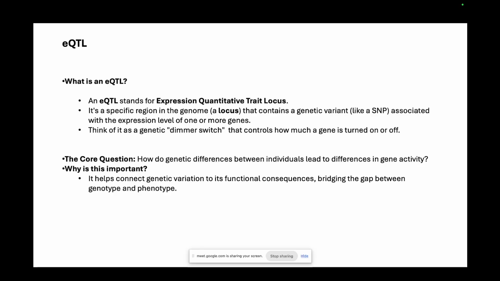If you have a variant in a gene whose function is, say, production of protein A, you might not see any change in the production of protein A with the presence of that variant.